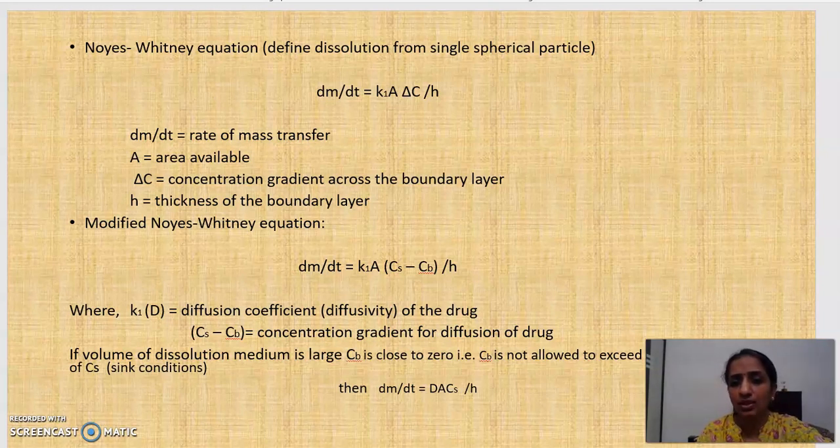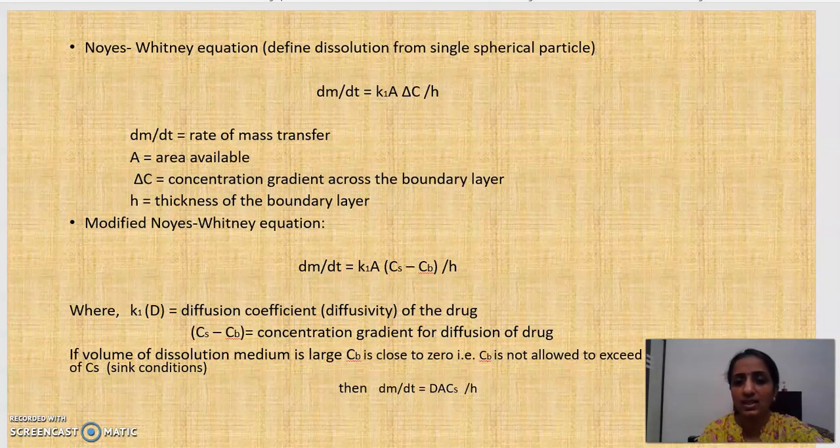Now, when you consider the concentration gradient, if the volume of the dissolution medium is large, then the concentration in the bulk, that is Cb, can be considered as close to zero. In other words, Cb is not allowed to exceed 10% of Cs.